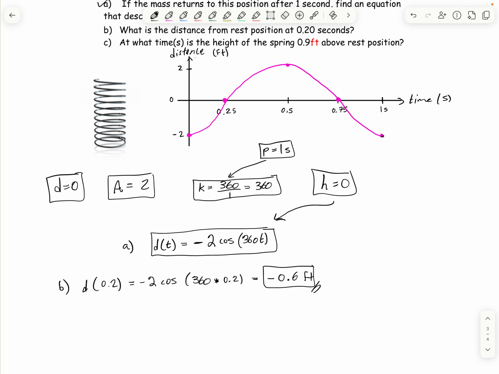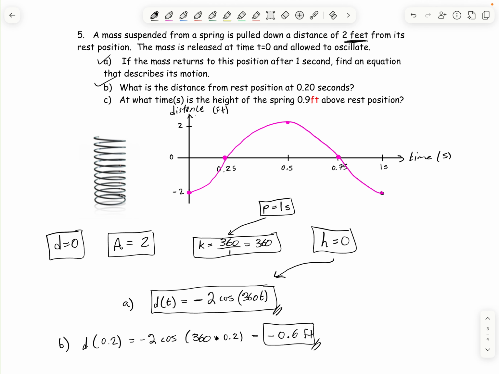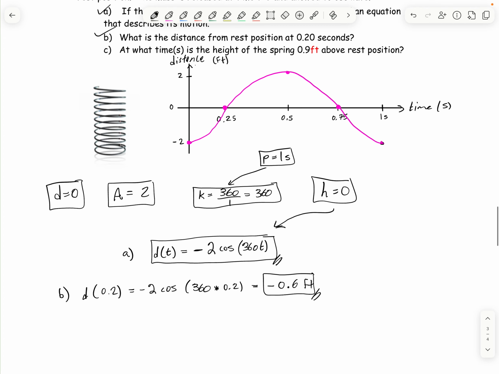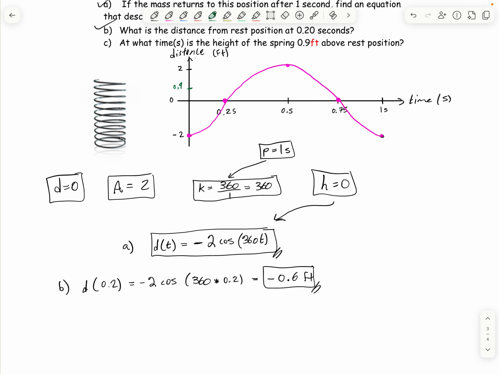Okay. And then the last sub-question here is, at what times is the height of the spring 0.9 feet above rest position? So let's actually picture this here for a second. So 0.9 is going to be roughly here, right? So you could see it should actually be at that height at 2 times, here and here.